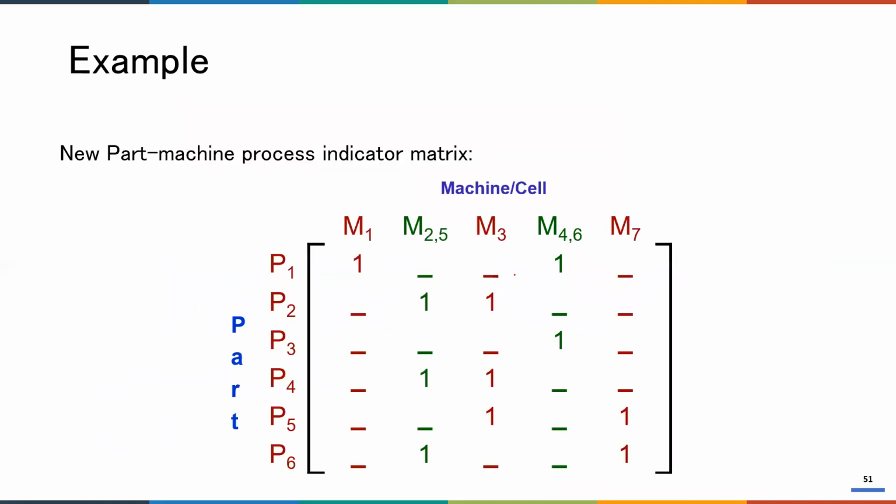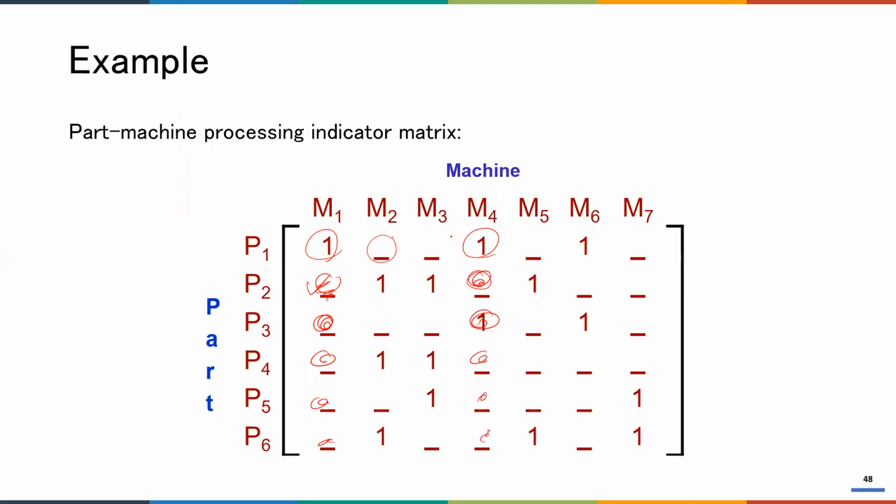And then because we already mentioned before that machine 2 and 5 and machine 4 and 6 are going to be grouped together, we make it one entity, the same machine. Okay, and then we make a new indicator matrix considering their previous indicator matrix. So in this case, for example, for machines 2 and 5, there are some parts that are the same.